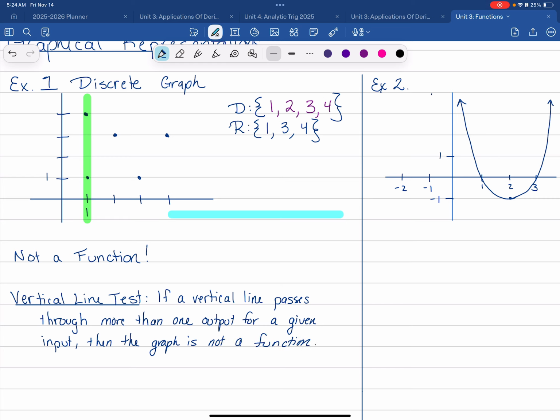All right, and again, so this one's not a function because it passes through 2 points. We have two outputs for one given input.